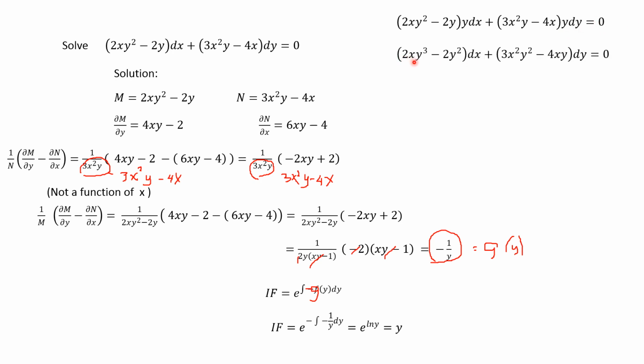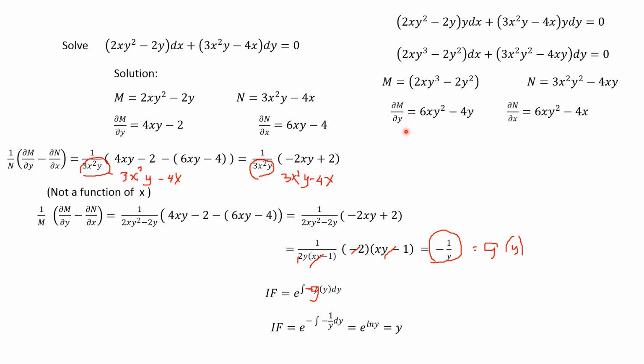Simplifying, you have 2xy cubed minus 2y squared dx plus 3x squared y squared minus 4xy dy is 0. Then your m is 2xy cubed minus 2y squared, and your n is 3x squared y squared minus 4xy. Let's check if this is exact.